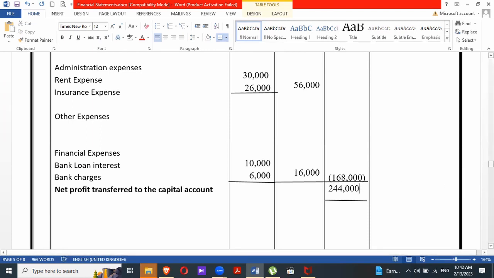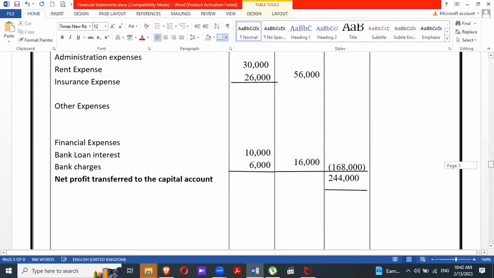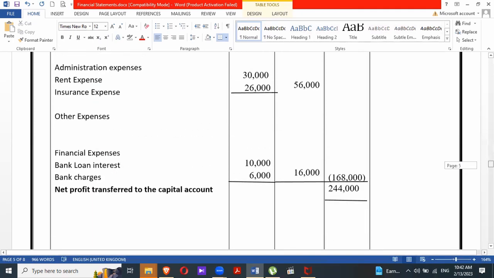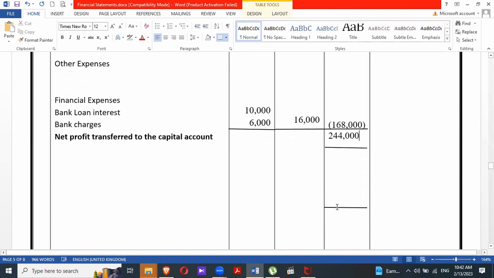Right? Now you have calculated already the total expenses. After deducting total expenses, you can calculate net profit, right? Net profit should be calculated as 244,000. It should be double line, right?